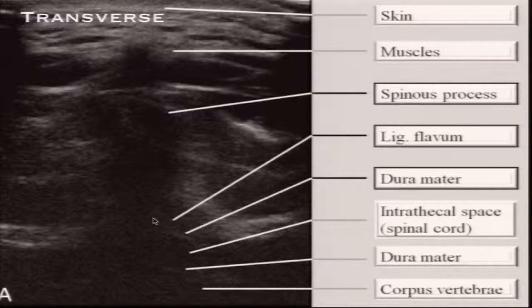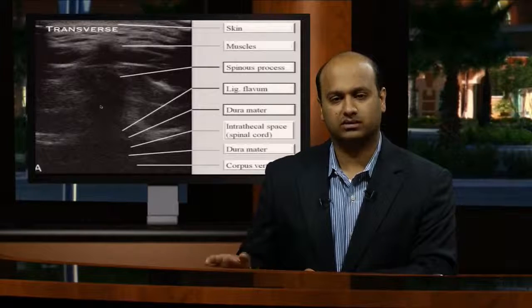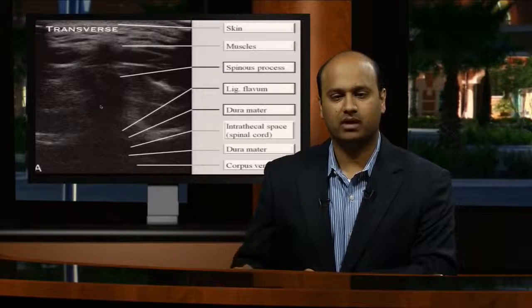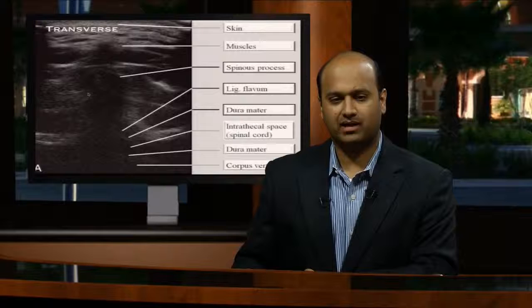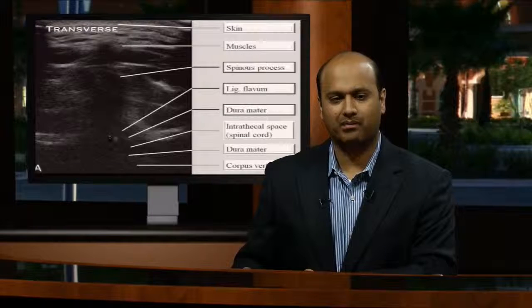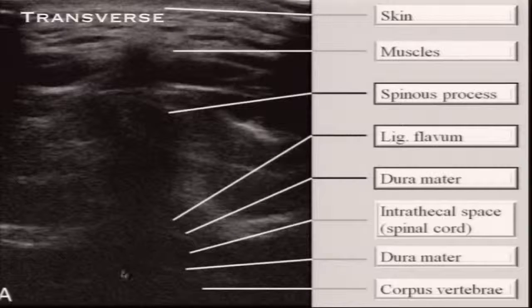Now, as you scan from caudal to cephalad and back and forth, you're looking for the gap in between the spinous processes where this shadow is less pronounced, and you can start seeing a window to the posterior complex of the spinal column.